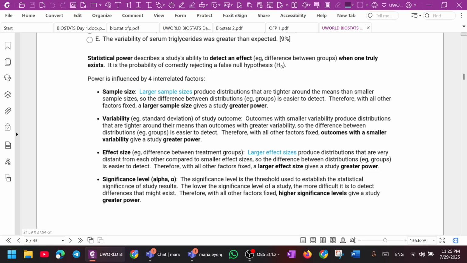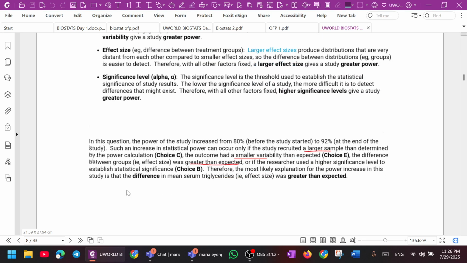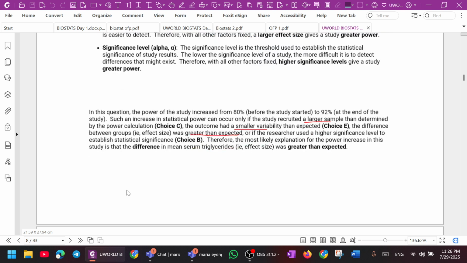The lower the significance level of the study, the more difficult it is to detect the difference that might exist. Therefore, with all other factors fixed, a higher significance level gives a study greater power. Got it? Yes. Okay, perfect. Next.